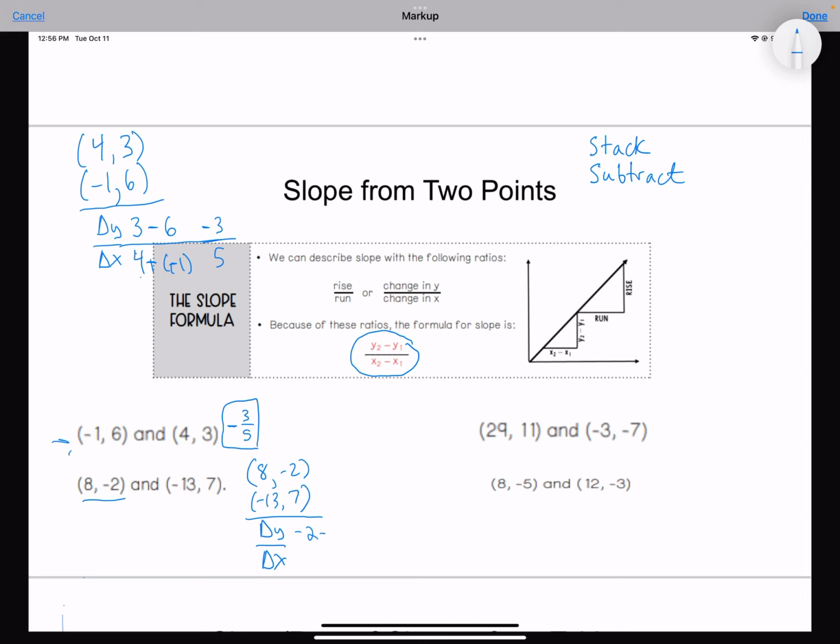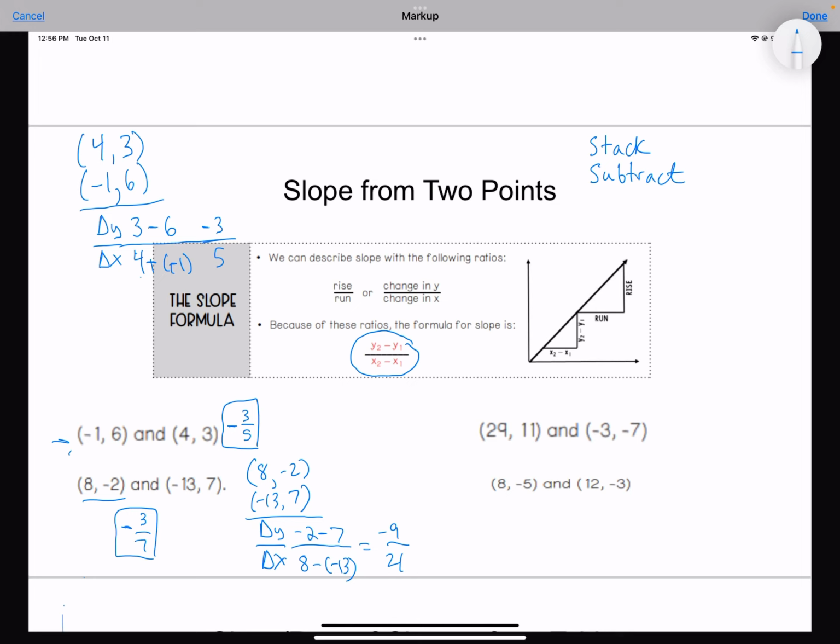Negative 2 minus 7 over 8 minus negative 13. Negative 9 over 21. Reduce that, it becomes negative 3 over 7. And you're done. So that's how you do both of those.